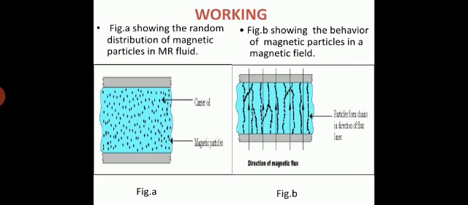Due to this magnetic flux, viscosity of MR fluid increases and helps to reduce the shocks. And when the magnetic field disappears, the MR fluid regains its initial properties and comes back to its original shape.